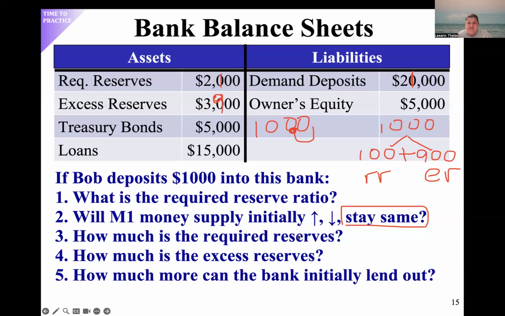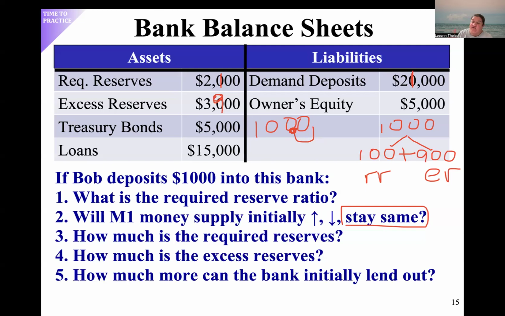Okay. So now it's going to ask us how much more can the bank lend out initially? That means we've deposited the $1,000. How much can the bank lend out? In theory, in total, the bank has $3,900 in excess reserves. But that's not what the question is asking us.